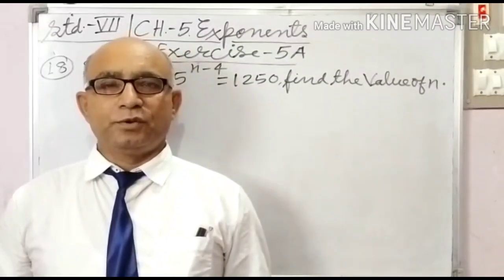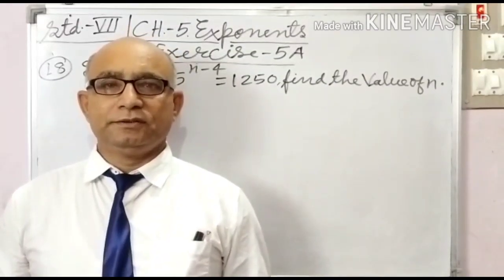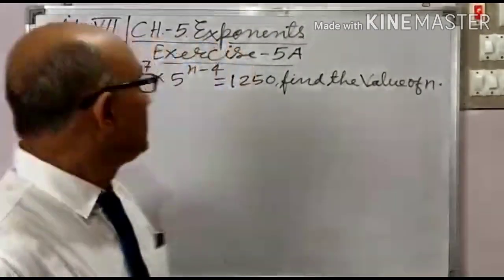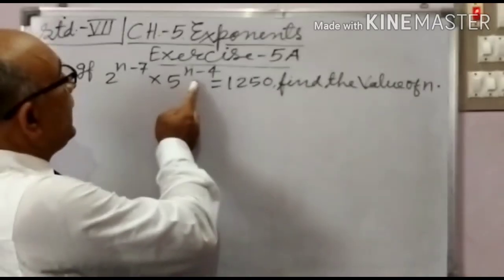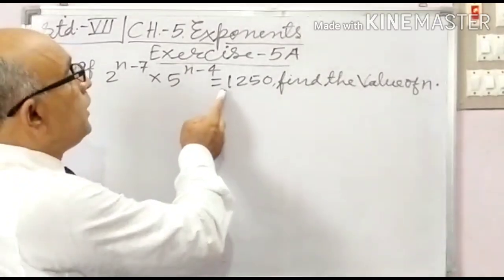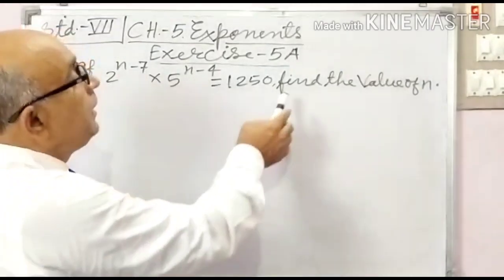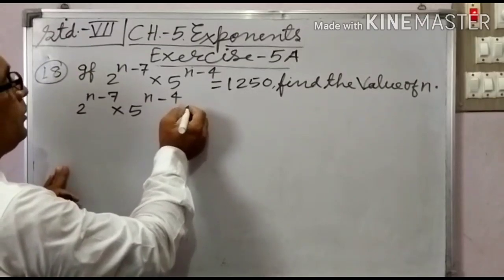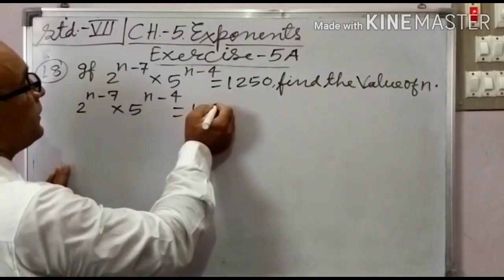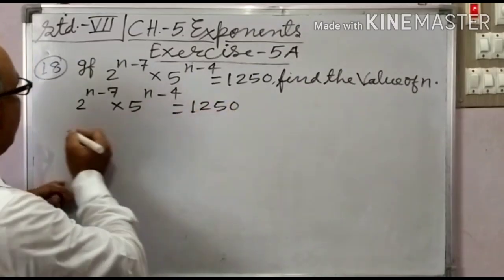Students, next question number 18, write on this board. If 2 to the power n minus 7 into 5 to the power n minus 4 equal to 1250, find the value of n. So write 2 to the power n minus 7 into 5 to the power n minus 4 equal to 1250.